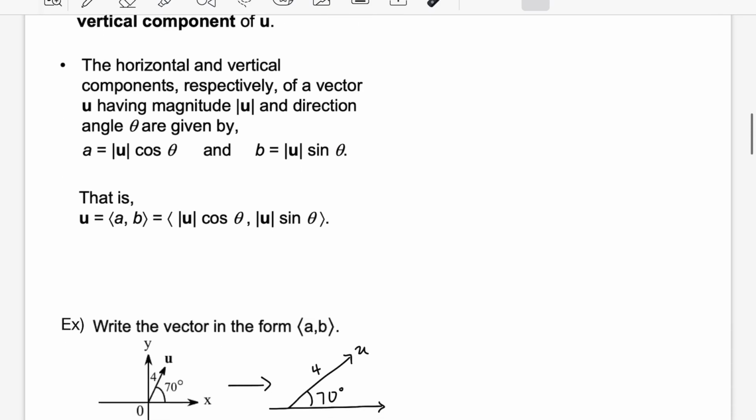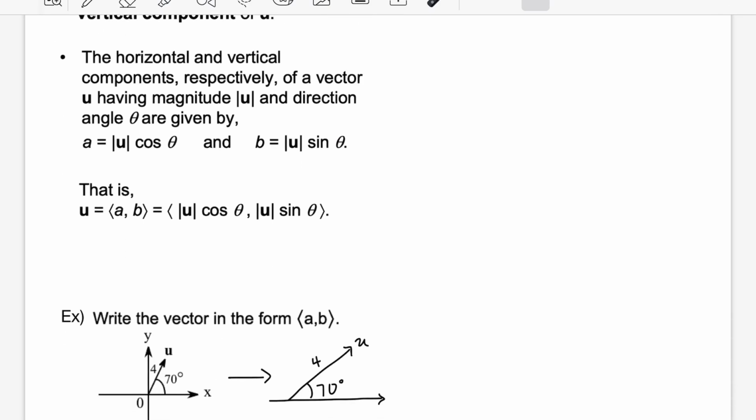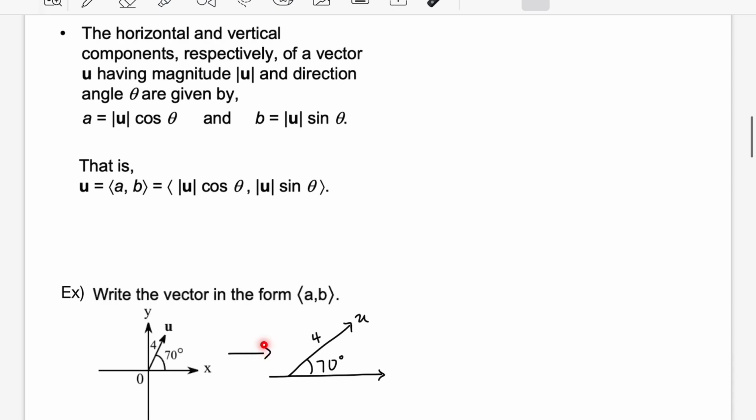So let's look at this example here. We want to write this vector in this form here, just given this guy. So I kind of drew it on the side here to kind of blow it up. This picture was very small, but what we're given in this case is this vector u. We're given a magnitude of 4, and then the direction is going to be 70 degrees from this horizontal here.